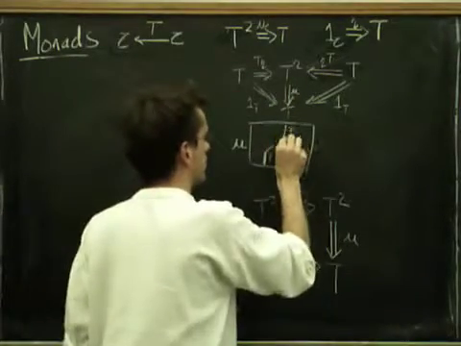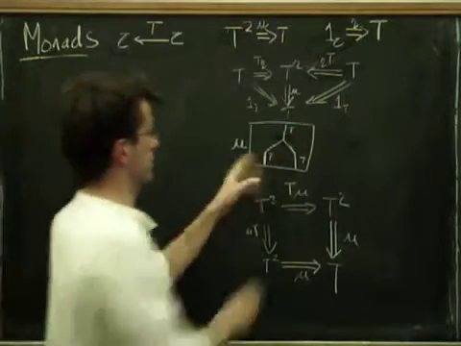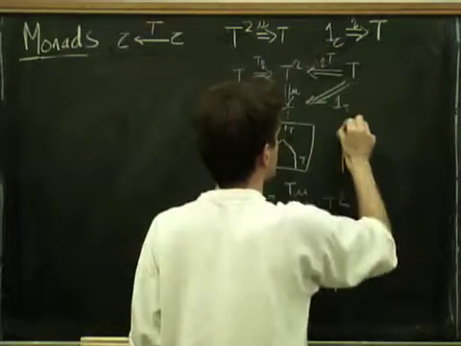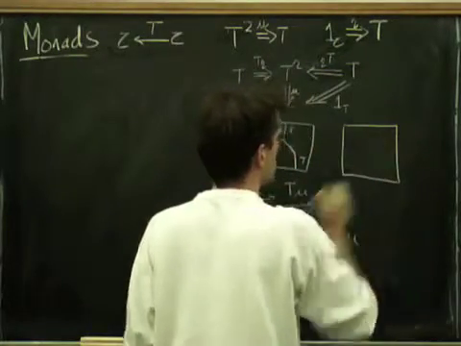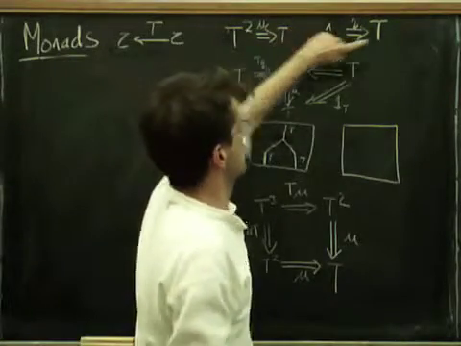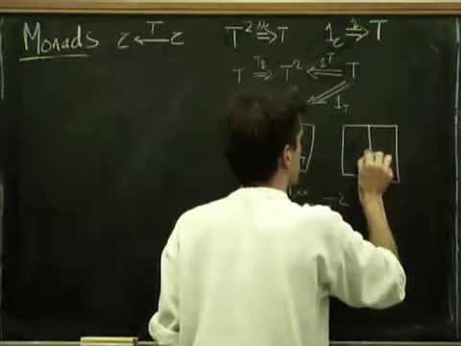It's usually clear from the context. So whenever I see that, that's my product. So this is a natural transformation, mu, and my eta. So what's eta? Eta goes from the identity functor to T. So I'm just going to draw this little blob here.